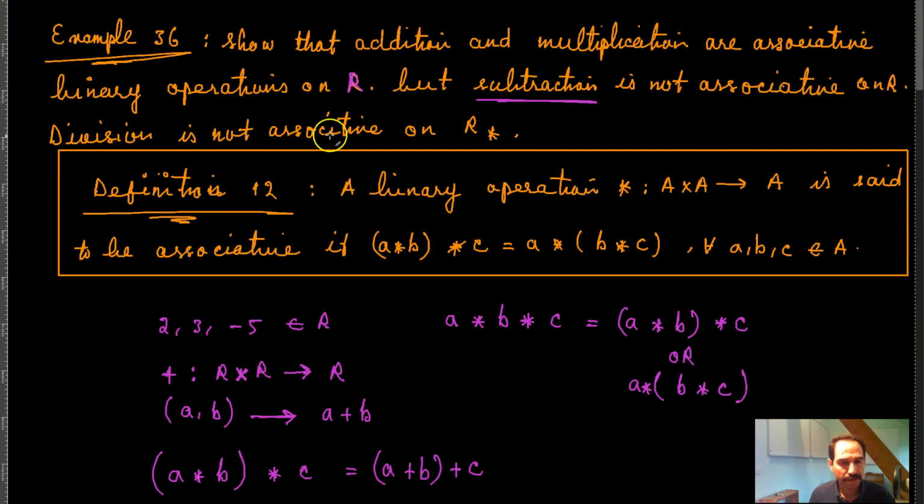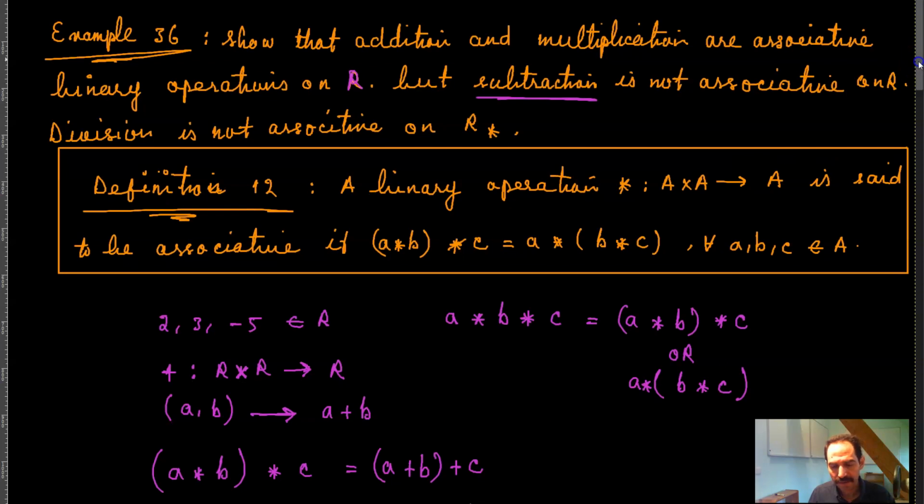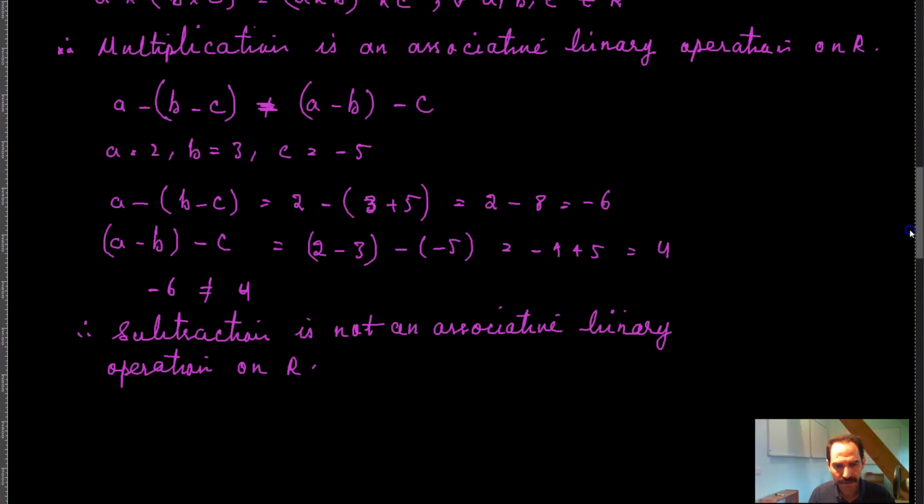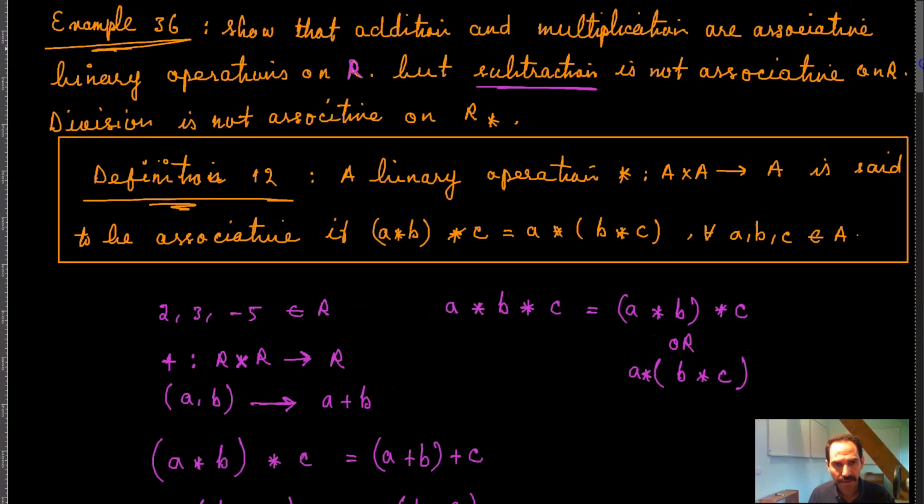And division is not associative on R star. Now R star is basically the non-zero real numbers, and we are talking about division.